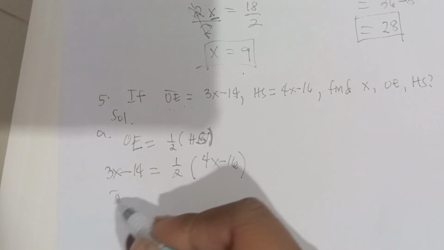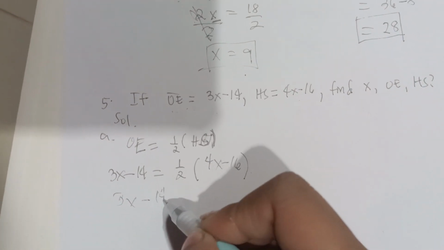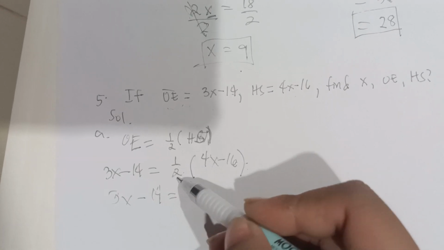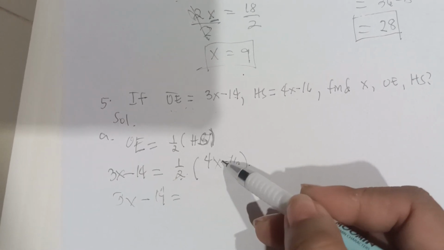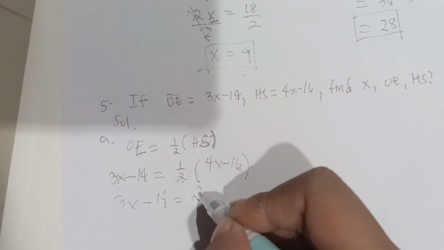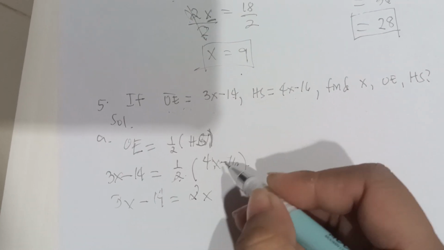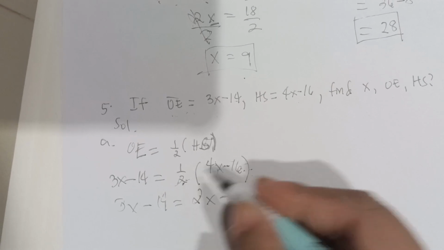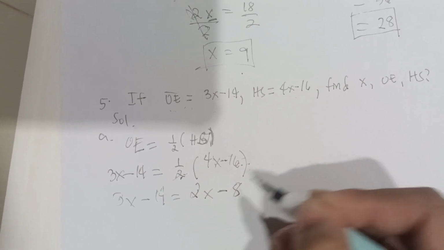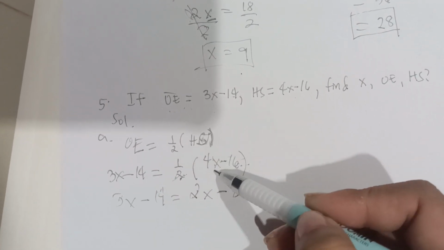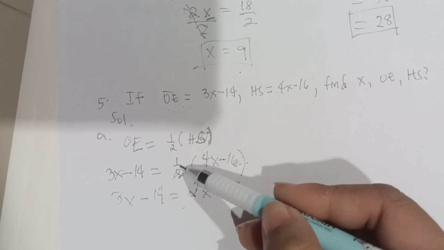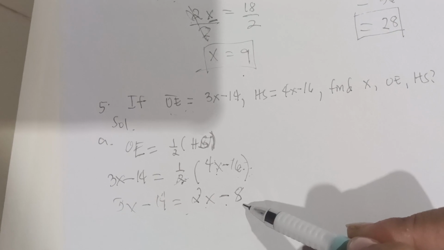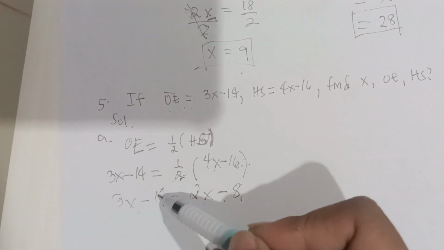So, just copy this one first because we're going to solve the right side. So, 1/2 of 4 is just 2. Copy x. Then, copy minus. What is 1/2 of 16? That is 8. So, we're distributing 1/2 to 4, which is 2x. You are distributing 1/2 to negative 16, which is negative 8. So, we are now equal here.